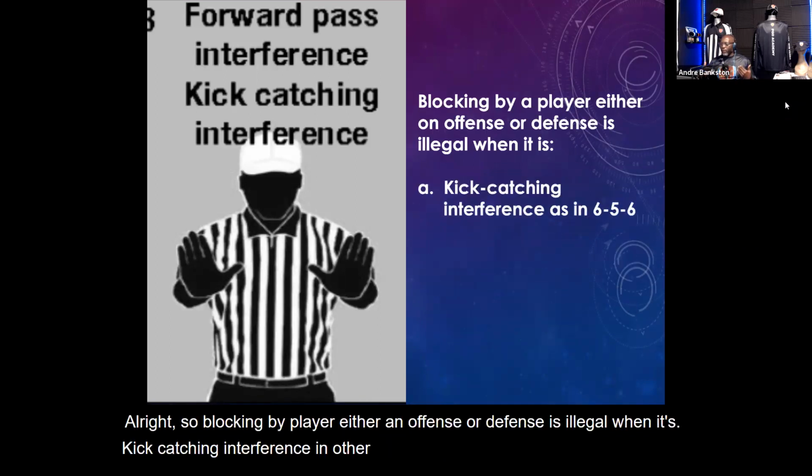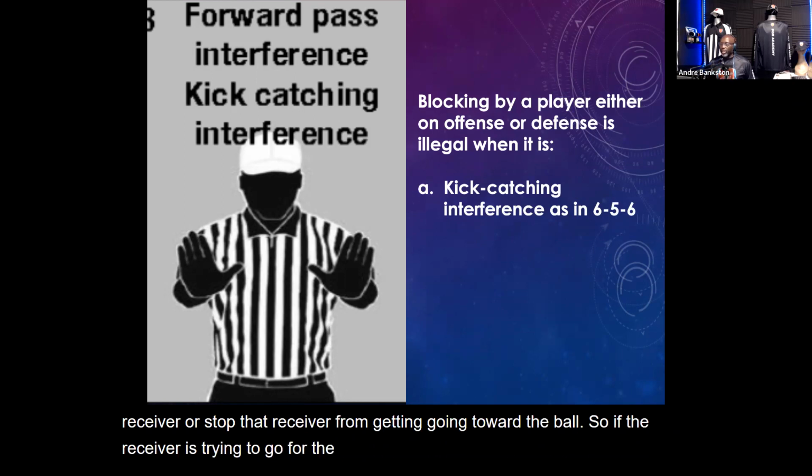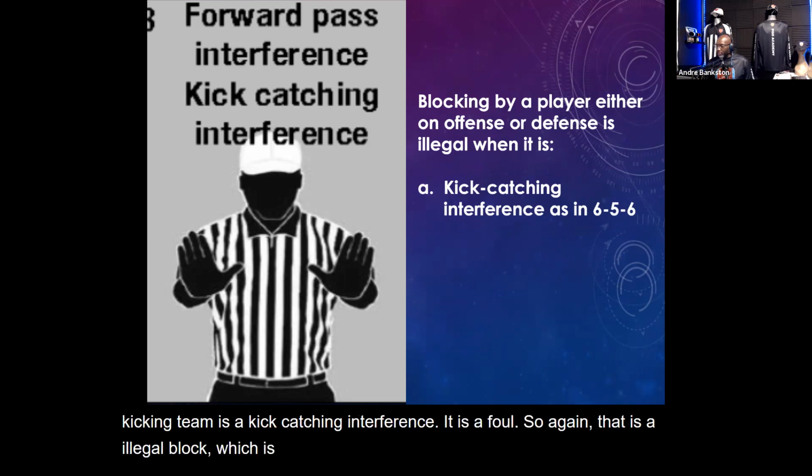In other words, remember the kicking team cannot block a receiver or stop that receiver from going toward the ball. So if the receiver is trying to go for the ball or catch the ball, any interference by the kicking team is kick catching interference. It is a foul. So again, that is an illegal block, which is a 15-yard penalty, and a whole bunch of other stuff.